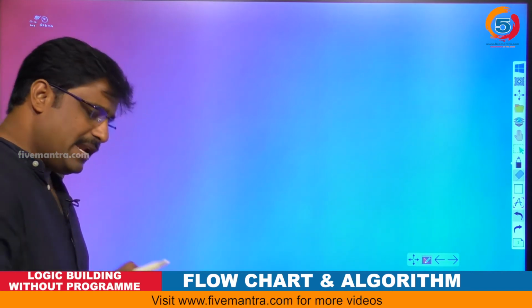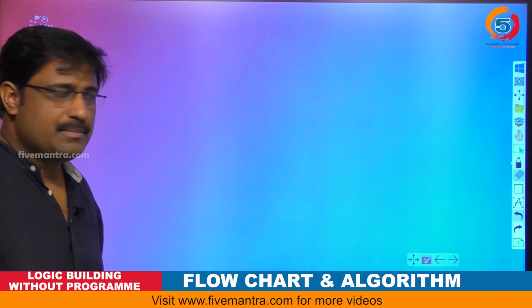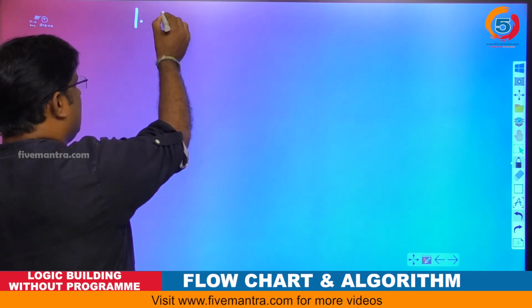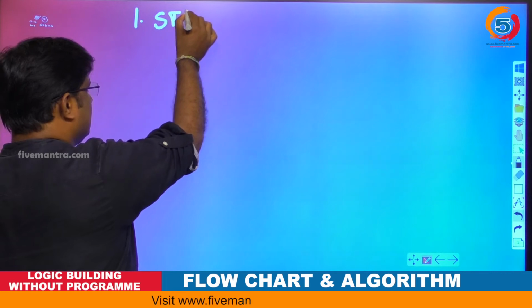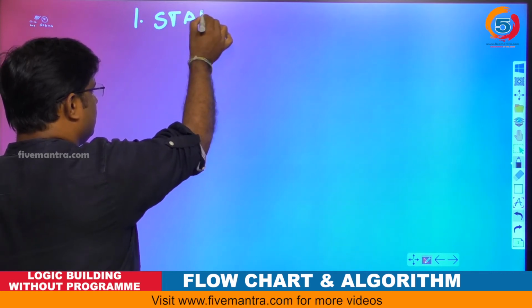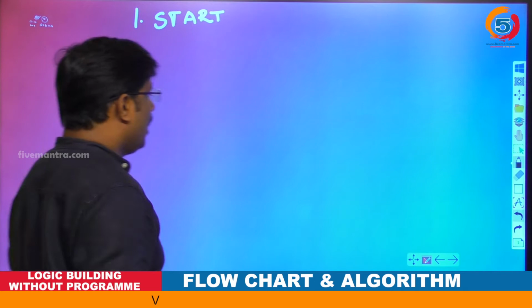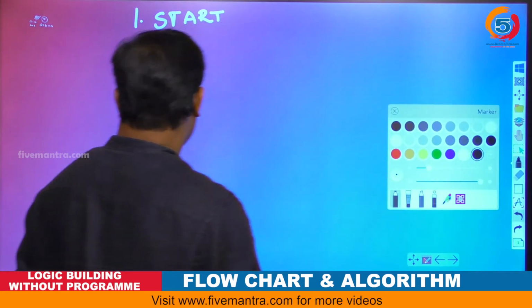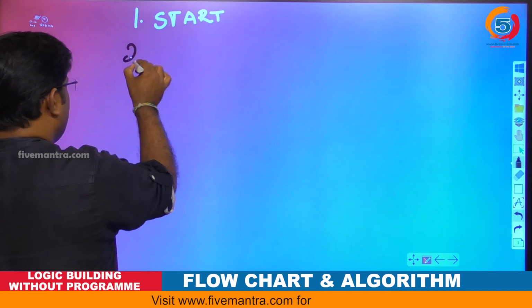Whenever you want to write an algorithm, it starts with the first point, which is Start. The second point will be your code.